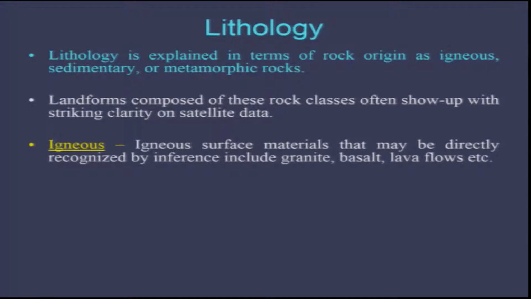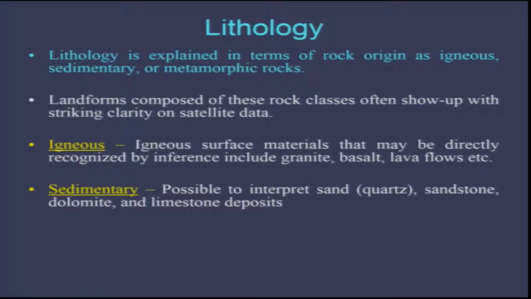In the igneous or volcanic terrain you are bound to see granites, which are an intrusive rock, but basalt and lava flows come right up to the surface. So, you will be able to easily pick up that these features are indicative of granitic terrain, or basaltic terrain, or a lava flow.